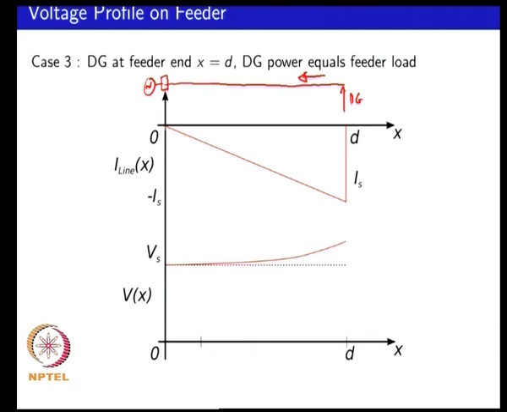So, essentially at x equal to 0, you would have 0 as the actual current that is being drawn from Vs. Okay.